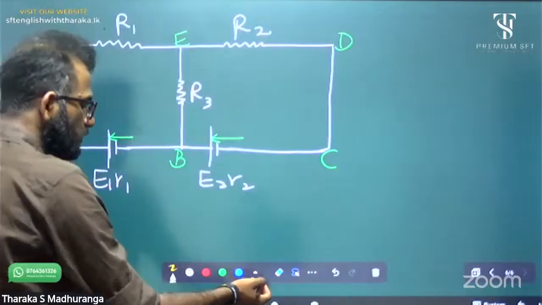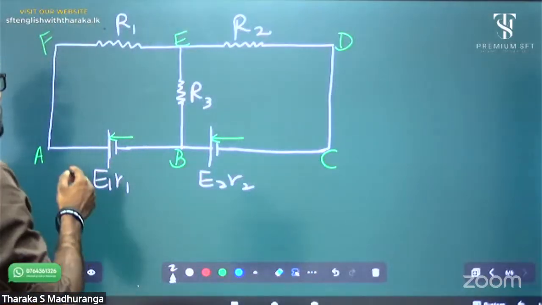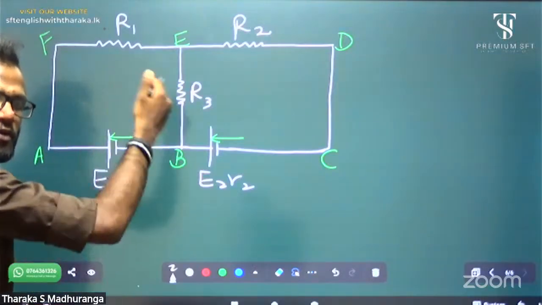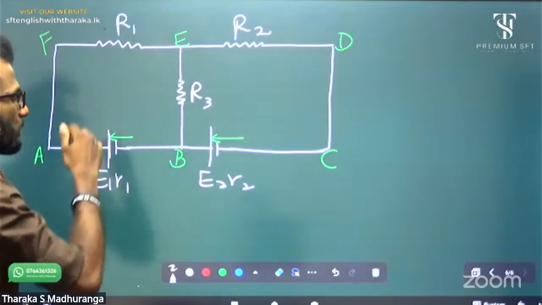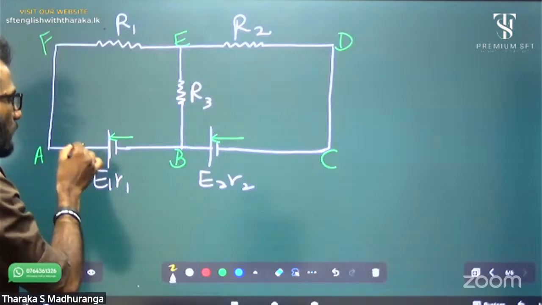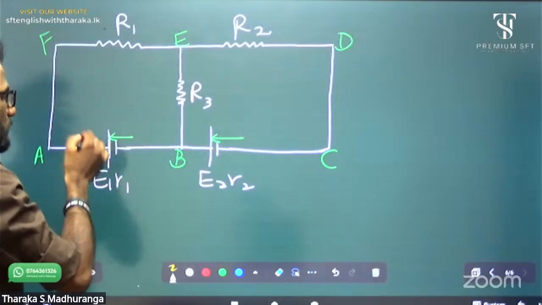Mark the current direction. I think this is the most important step for complex circuits with more than one loop. The current starts from this battery.